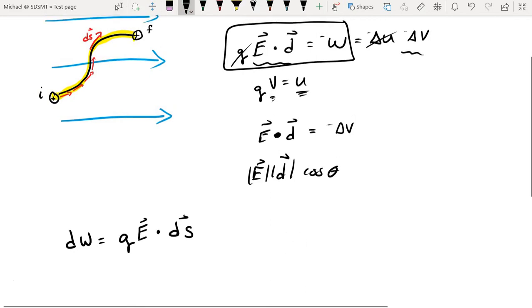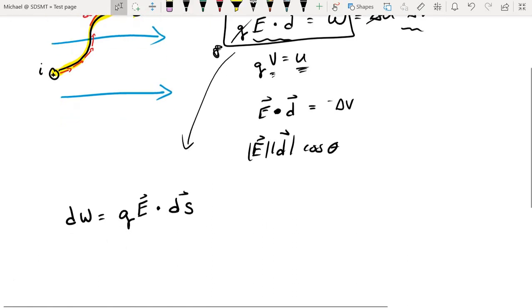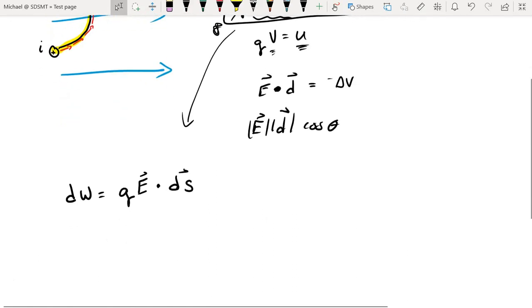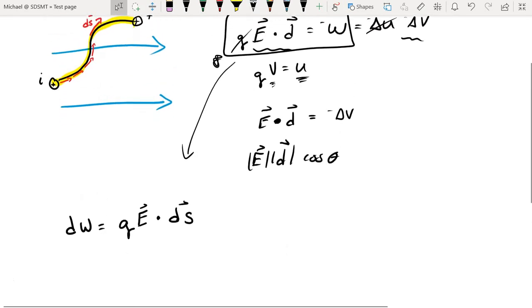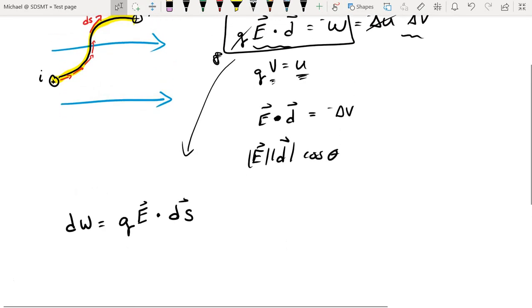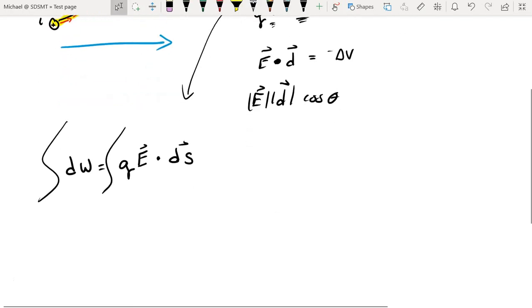Right, so we're taking this expression up here and we're modifying it for what we need to do. But now that this has become an infinitesimal statement, it's pretty obvious that the only way that we're going to be able to account for the total work is if we do some integration.